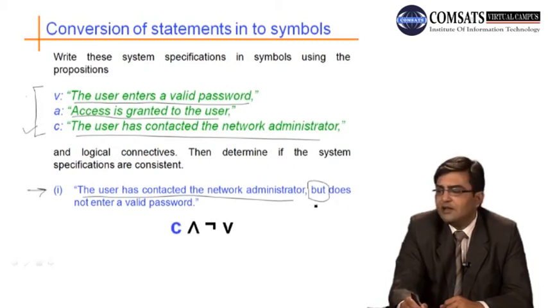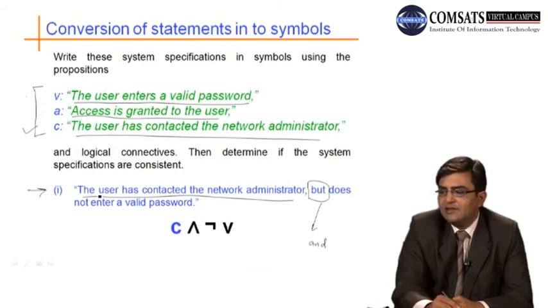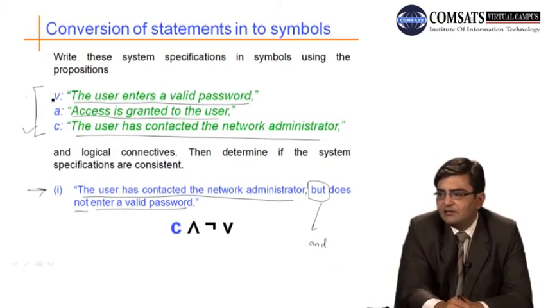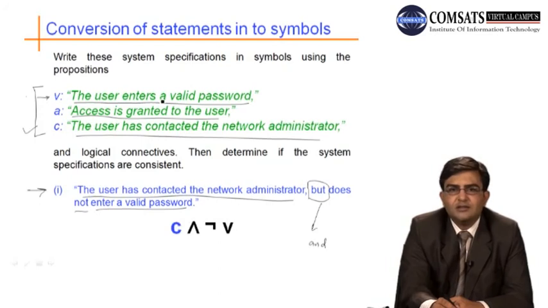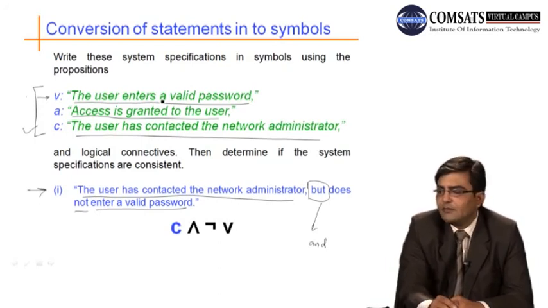I have told you that but is usually used as AND operator. So but does not enter a valid password. Does not, basically this is the negation of this statement V. If we have V, the user enters a valid password, what is the negation? The user doesn't enter a valid password.